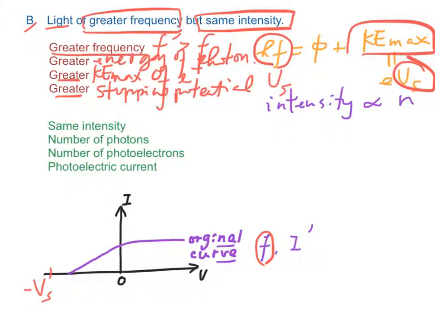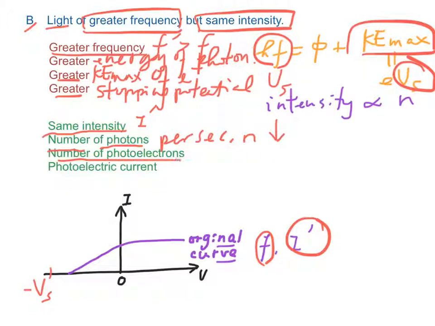However, if we use light of the same intensity I1, the number of photons incident per second n will decrease. Therefore, the number of photoelectrons emitted per second by the metal n also decreases.